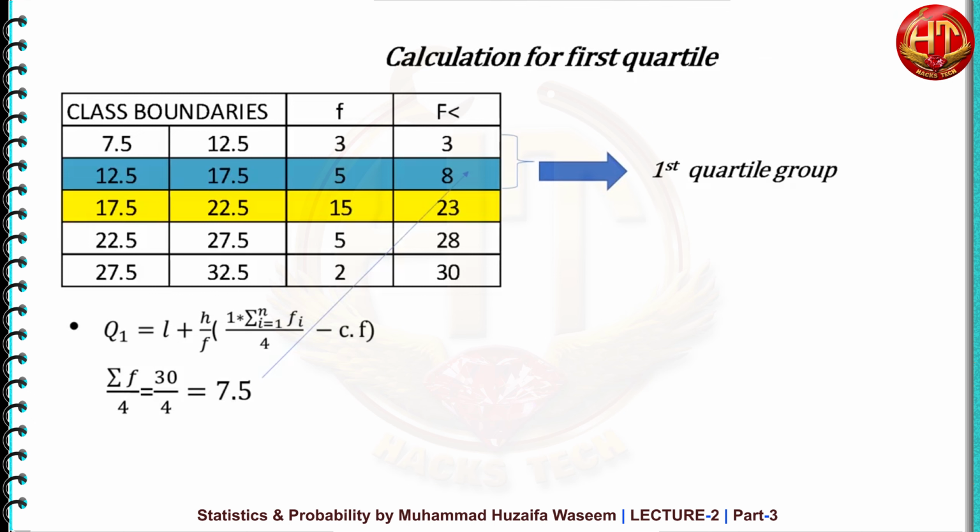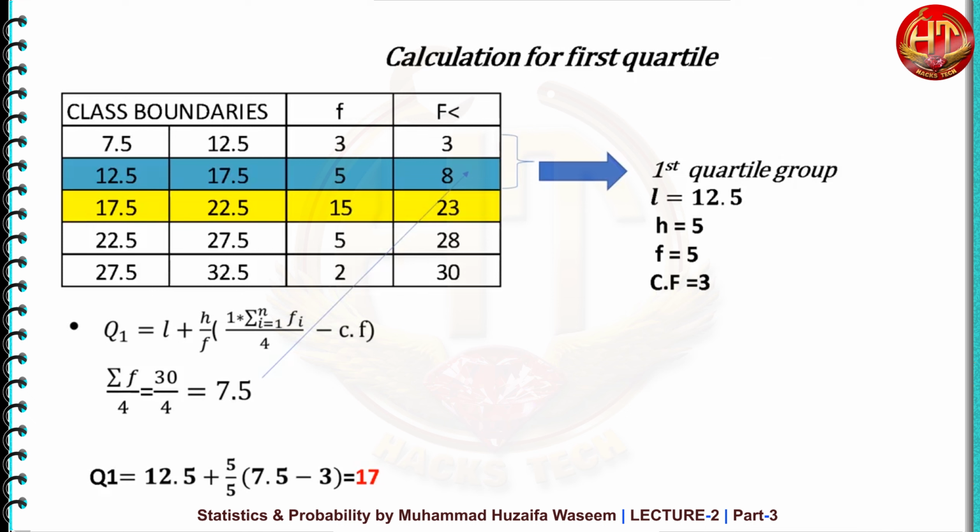We can take all the information for the first quartile group, where L is the lower class boundary of the first quartile group, which is 12.5. h is the width of the first quartile group, which is 5. f is the frequency of the first quartile group, which is 5. And the cumulative frequency of the preceding class of the first quartile group is 3. Now put all these values in the given formula.